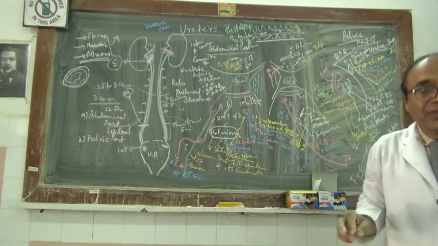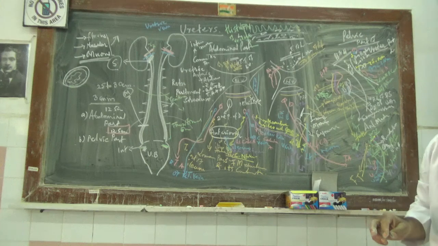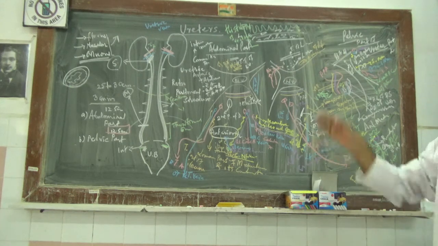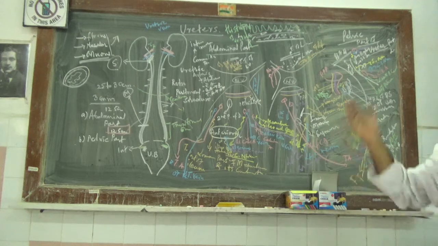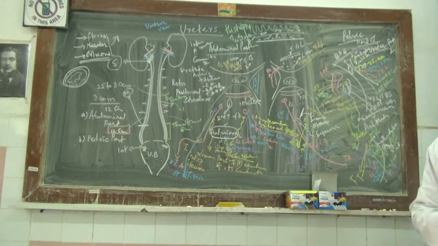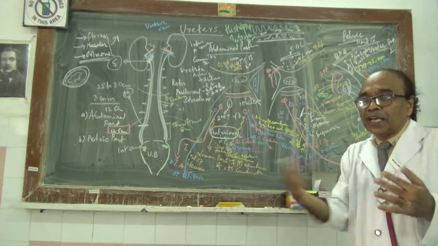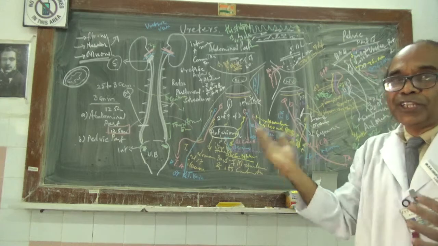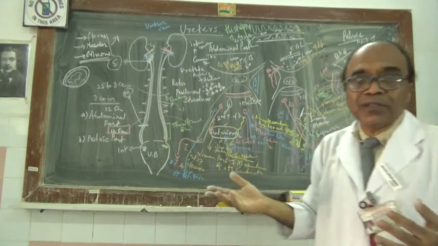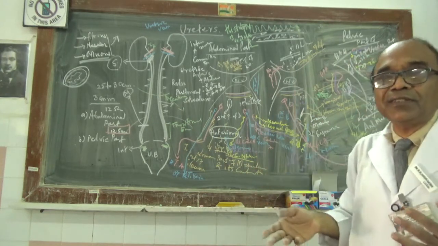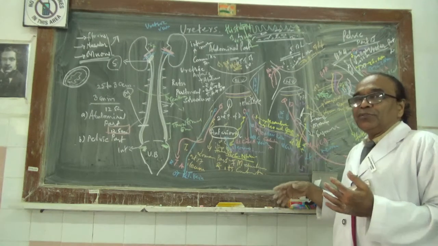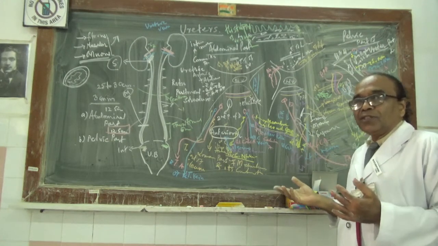Then coming to the embryology of the ureter. As it is a part of the excretory, or rather urogenital system in male and female: in male we call it urogenital or excretory, in female only excretory.